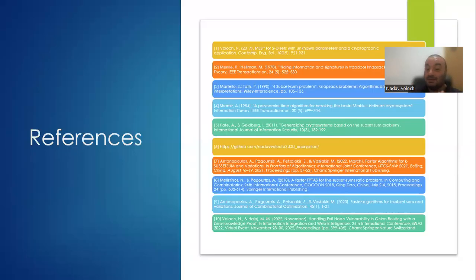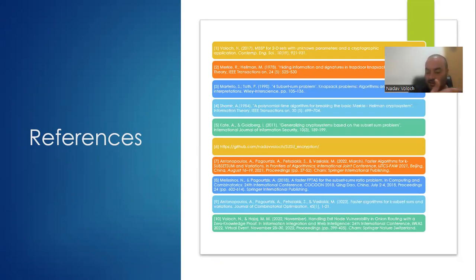These are the references I talked about. I won't go over all of them. The first one is the first paper. I published it by myself in 2017, and it was the beginning of the research. And we have here 7, 8, 9, the newer research papers that have better mathematical methods.